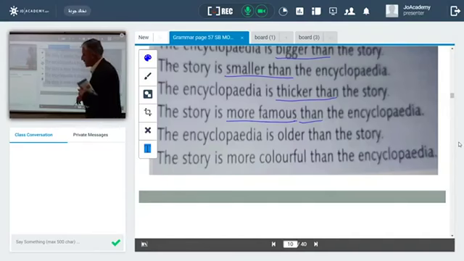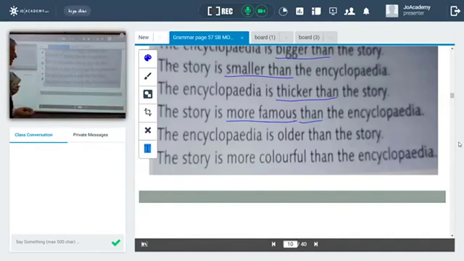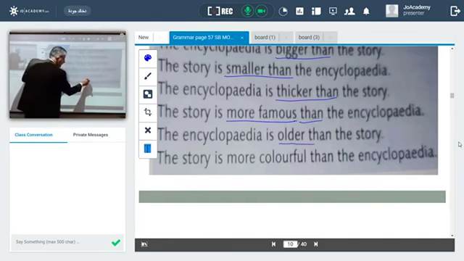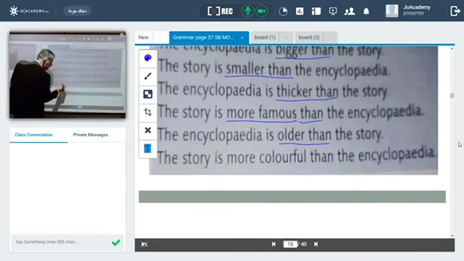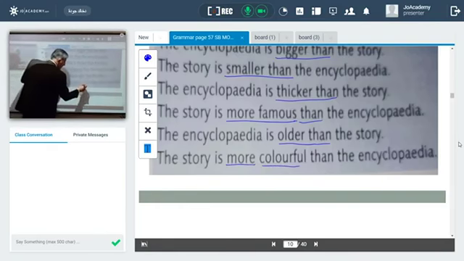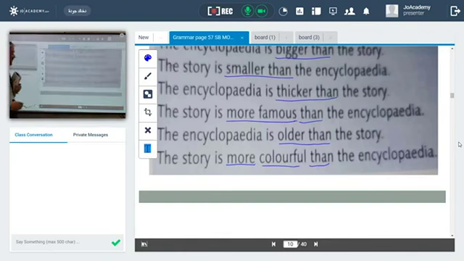Okay, the last one, we said the encyclopedia is older than the story because it's old. Old means ancient; older than. According to the picture, the encyclopedia is older than the story. And the last sentence we have, the story is more colorful than the encyclopedia. Why we put more?